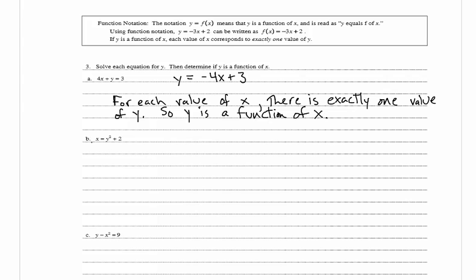In B, we have x = y² + 2. So if we solve this for y, the first thing I'm going to do is subtract 2 from both sides. So I have y² = x - 2. And then I'm going to take the square root of both sides, and I get y = plus or minus the square root of x - 2.